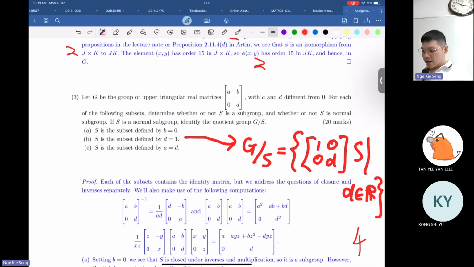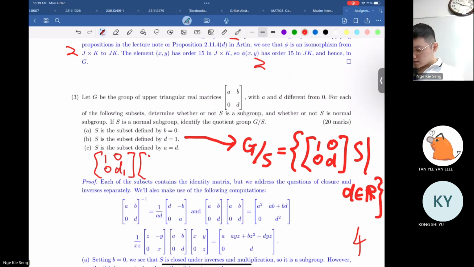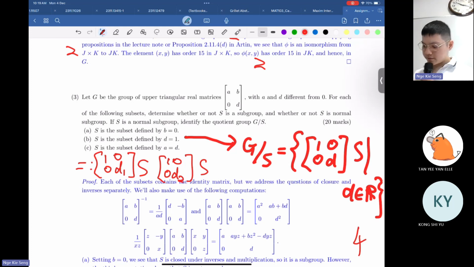So meaning what? When you take 2 cosets here and multiply together, right? So how do you multiply these 2 cosets? Do you remember? AH times BH, what do you get?